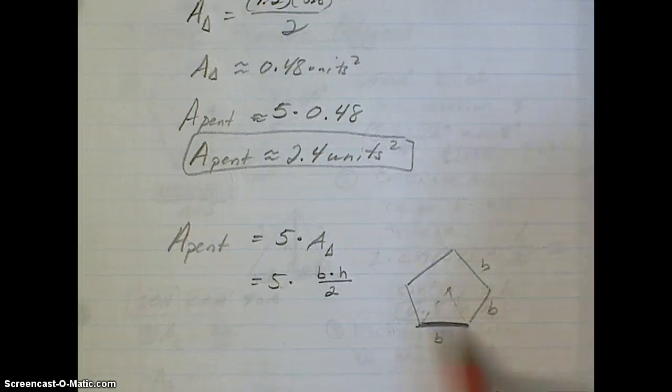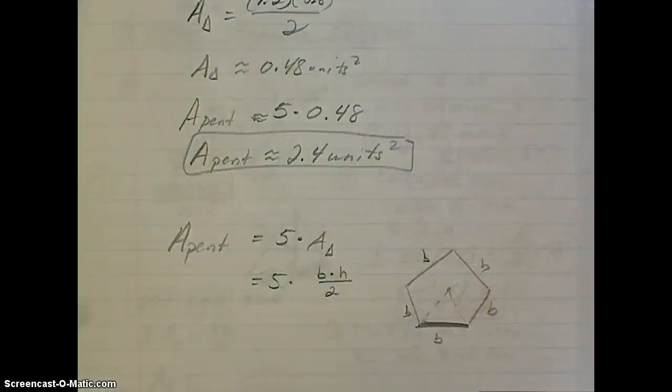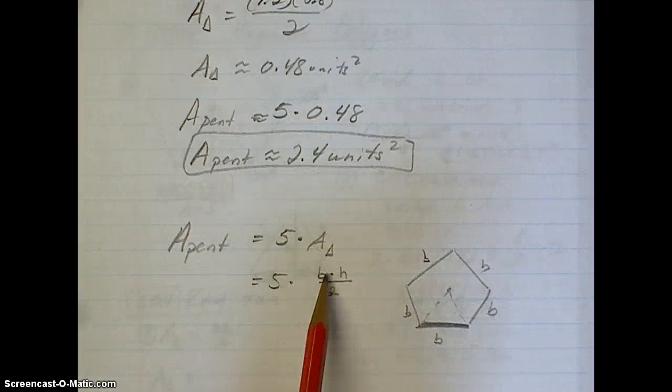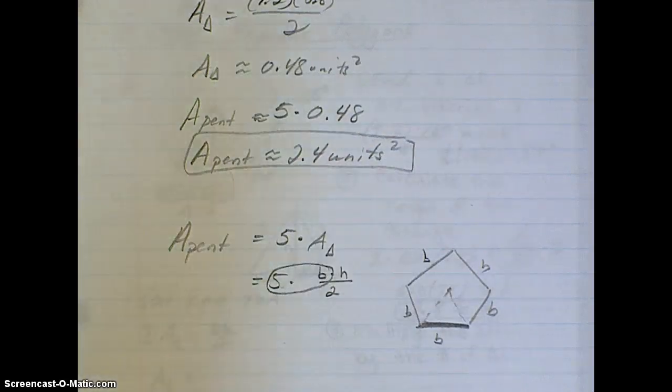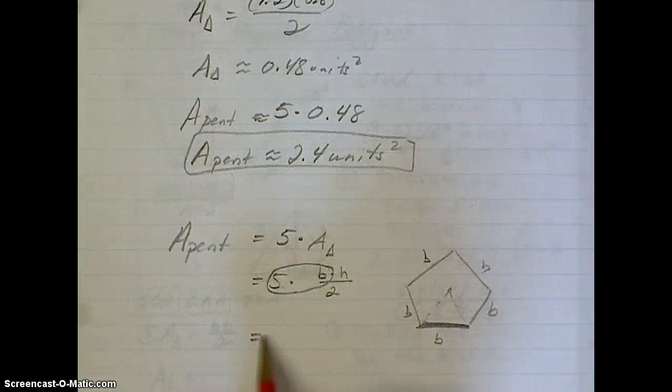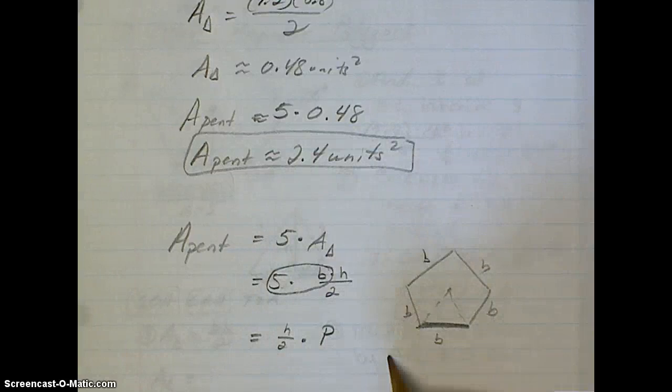This is the base of that triangle. And if it's a regular pentagon, all of these sides are the same thing as the base. So 5 times the base is the same as the perimeter for this whole pentagon, right? So I'm going to put that at the end, height divided by 2 times perimeter. Capital P stands for perimeter.